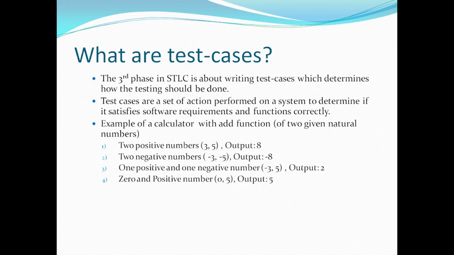Do we have any more scenarios? Yes. If we add 0 with a negative number, so if we add -3 and 0, we get the output as -3. And we still have one more scenario where we add 0 with 0. So we should get output as 0.